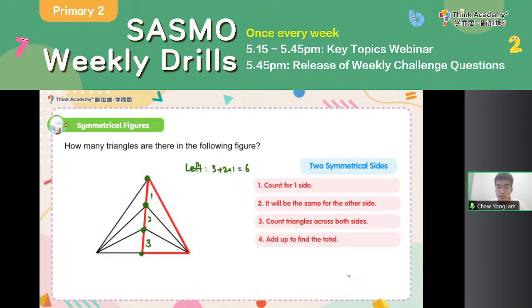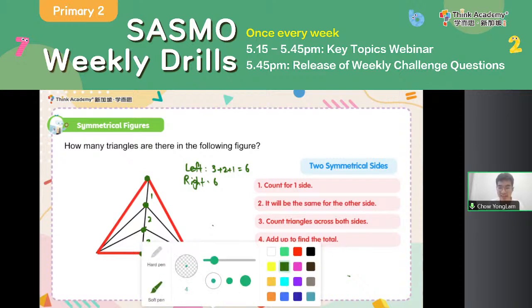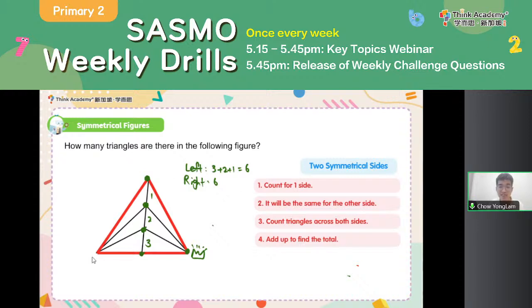What about on the right? Hey, I am shooting to a different vertex on the right, but I can still use the shooting method here. Straight away, I know on the right side I have 6 triangles. But don't forget, I still have the triangles I can form by combining both sides. How many triangles can we form? As the question has highlighted, I can form a big triangle in red.